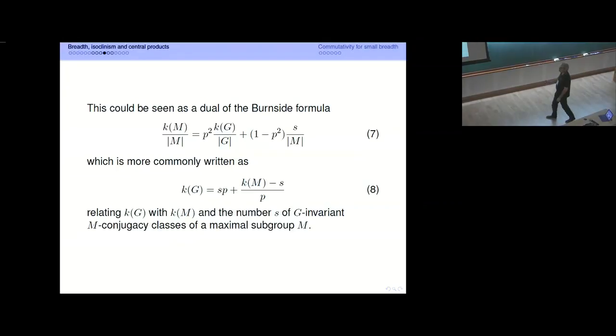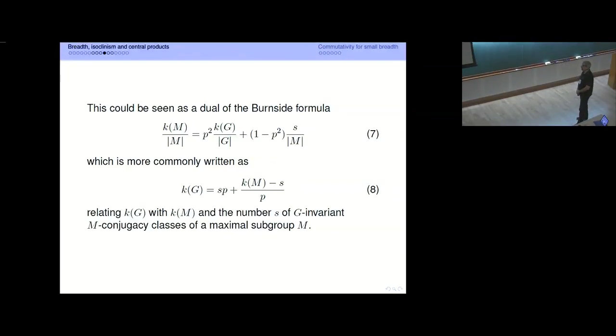This formula, which is in the book, in this form gives you the number of the conjugacy classes of G in terms of the conjugacy classes of a maximal subgroup M and the number S of G-invariant classes of M. Now, if you fiddle around a little with this formula, you get this, which really, look at these coefficients p squared, 1 minus p squared, really looks like this one.